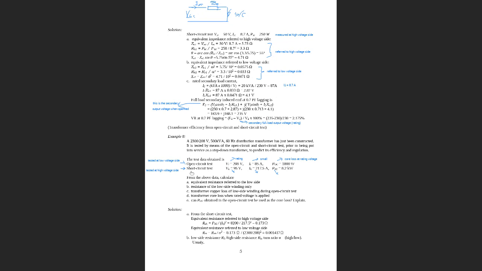Similarly, the short circuit test has been carried out at the high voltage side. That means the lower side is short circuited, and the high voltage side is applied with a small portion of the voltage.